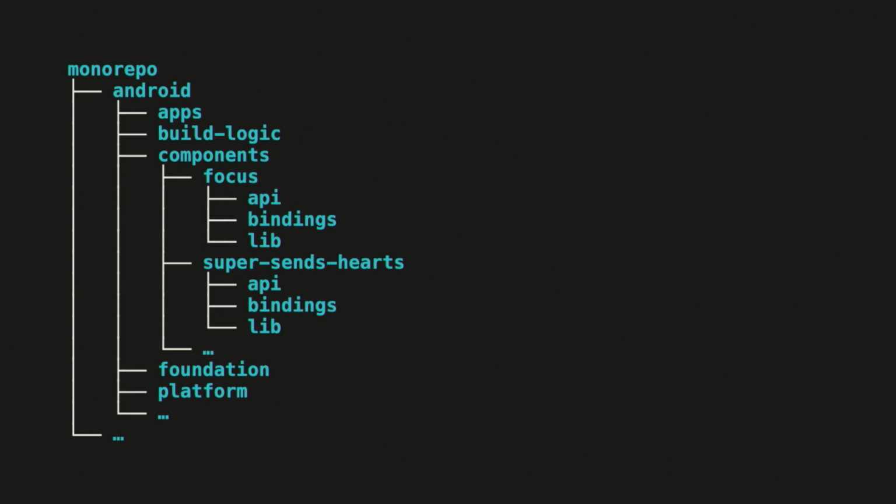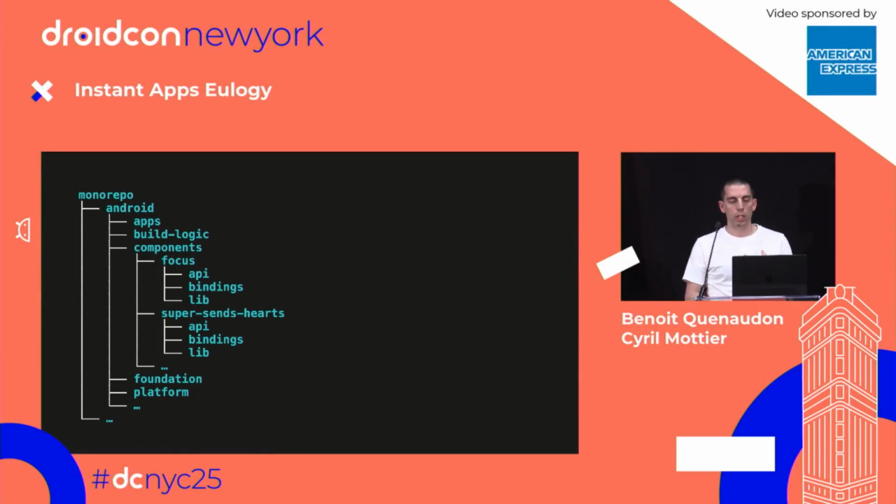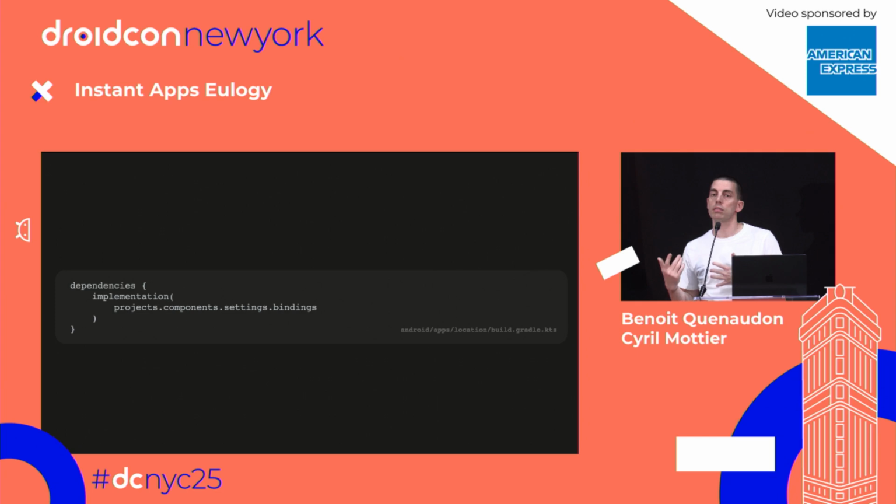Foundation mostly contains standard libraries that we want to enhance, and platform is our internal SDKs to do things like analytics, navigation, stuff like that. And once you have that, it was super easy to build an app that was just aggregating a bunch of components by just adding one line in our app build.gradle.kts file.